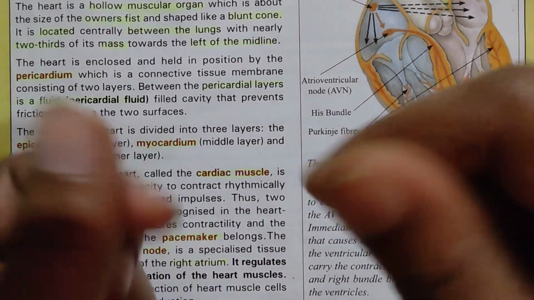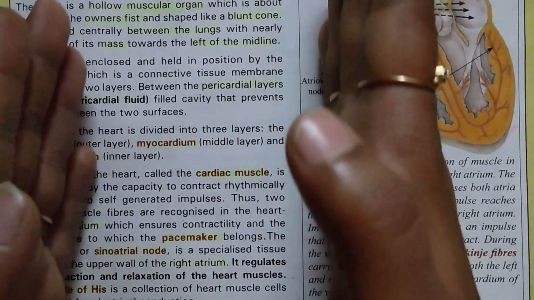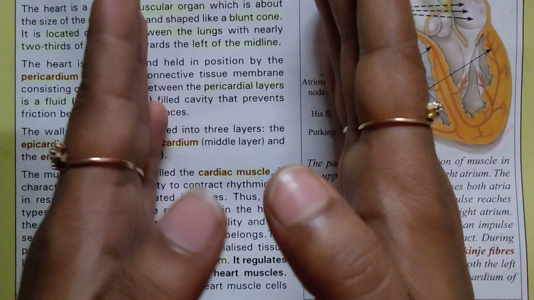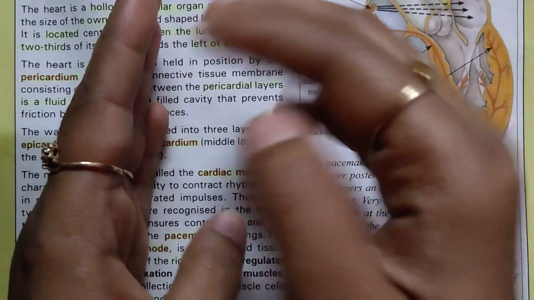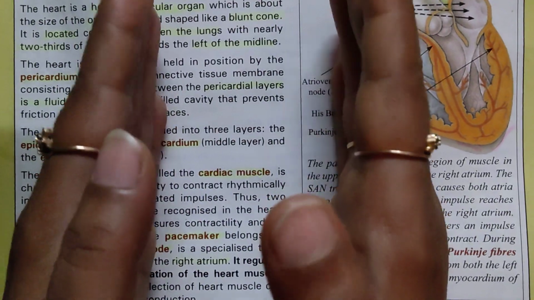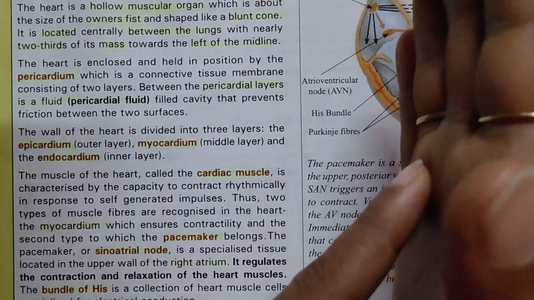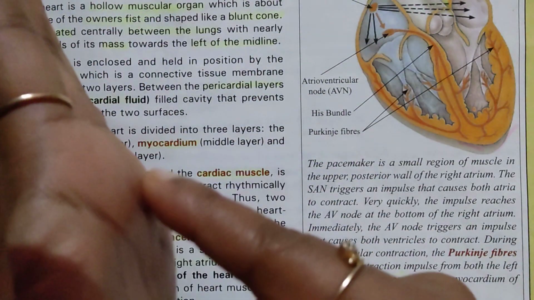So there is fluid so that it can prevent too much friction. Suppose this is one layer of pericardium and this is another layer, and in the middle portion there is fluid. If there is a movement like this, no harm occurs here, no harm occurs here.